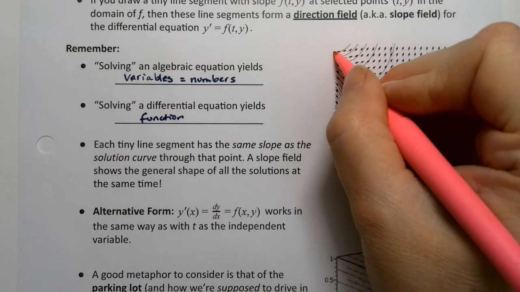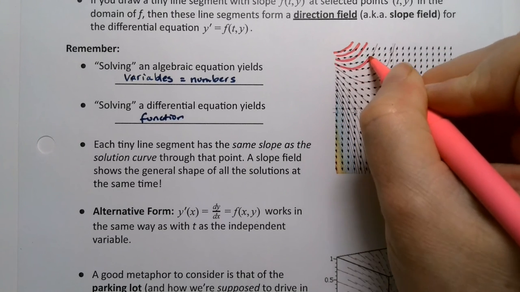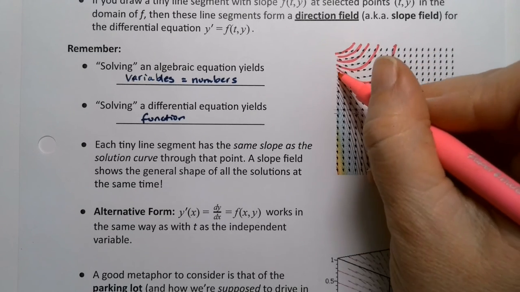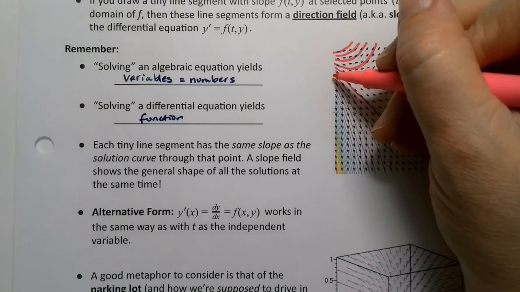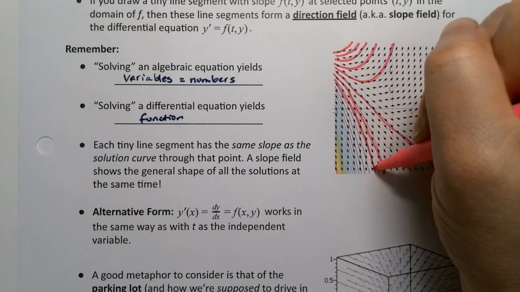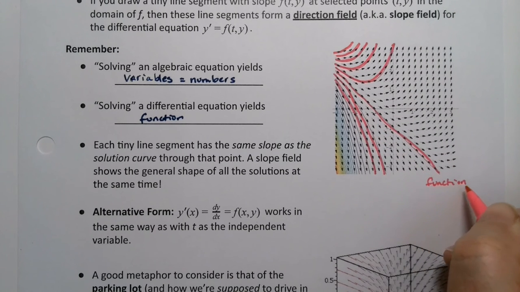So there's one solution, there's another solution, there's another solution, and so on. And each of these is a function. They pass the vertical line test. Right, there's one right there. And so on. Those are all functions, and they're solutions.